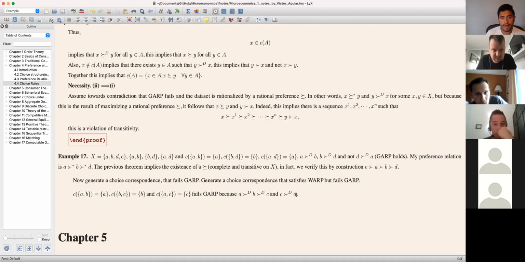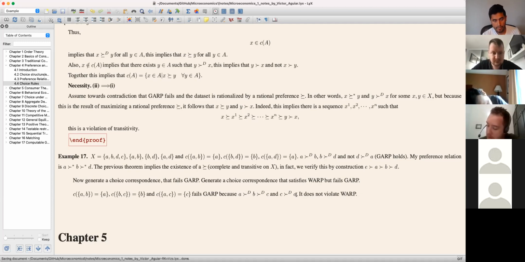Question here: is this a violation of WARP? No. Why? If you look at all of the choices that were made, there's no choice that violates the transitivity property.